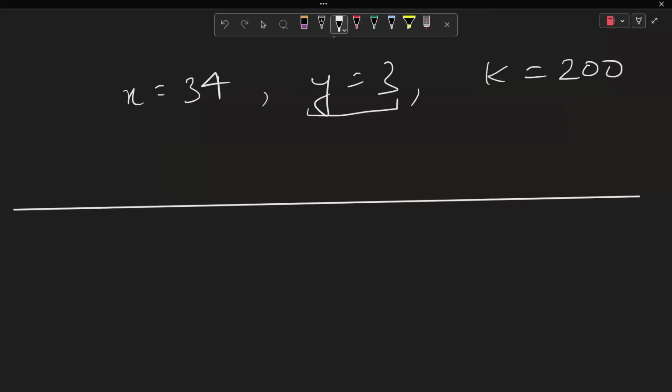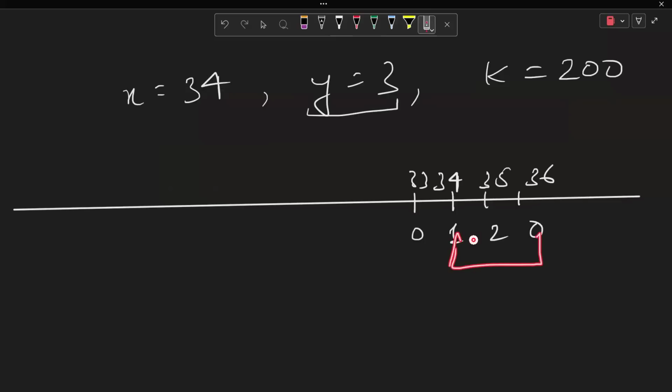First you would calculate where that group lies. Here you have 33, 34, 35, 36, so modulo y it is 0, 1, 2, 0. This would be the group to which 34 belongs.